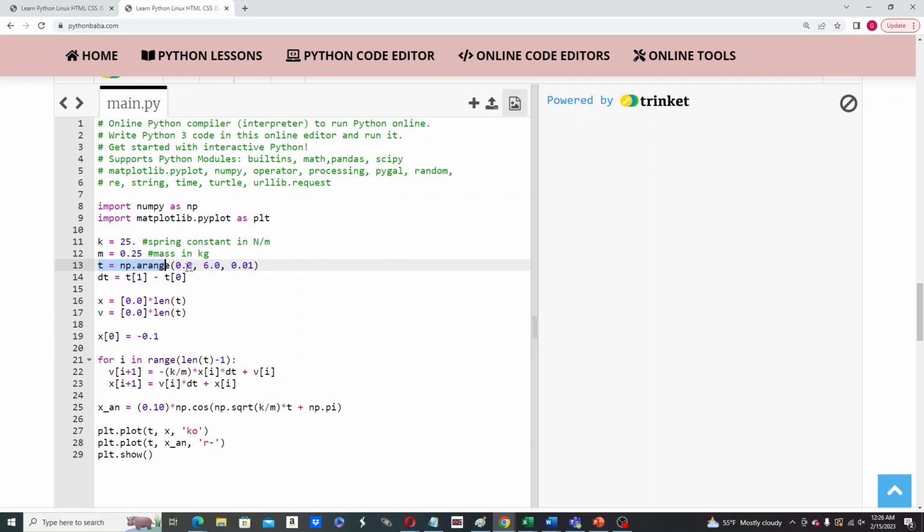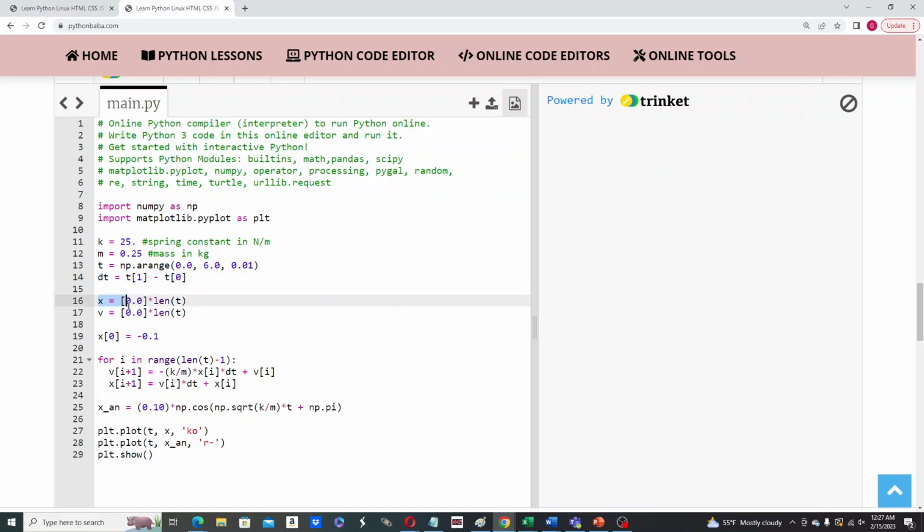So we said that we're going to go from 0 to 6 seconds for our time interval, and I'm choosing a time interval of each successive element in the time array to be 0.01 seconds. And my delta t, or my time interval, is going to be the first time element minus the 0th time element.